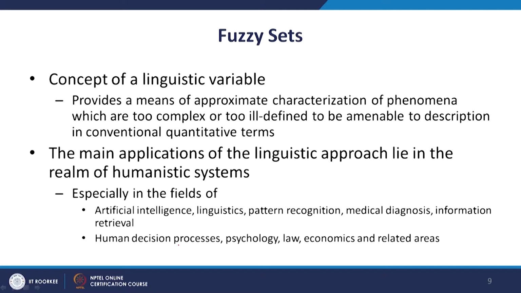If there is impreciseness, if there is uncertainty, if something is too difficult for decision makers to specify clearly or exactly, then the concept of linguistic variable gives them, and us as analysts, an opportunity to approximately characterize a phenomenon. If exact characterization is not possible, then at least we should be able to go ahead with the approximate characterization of the phenomenon.